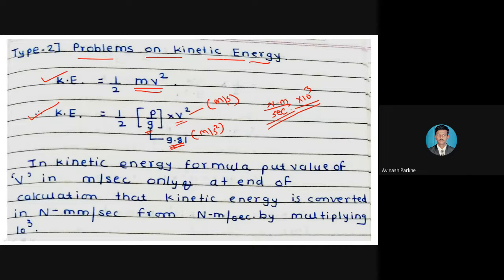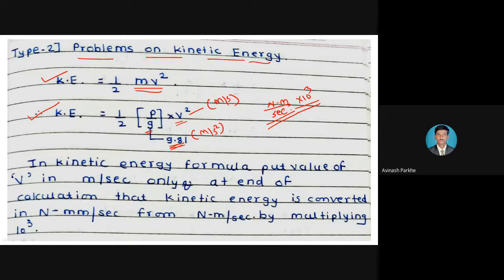Okay. So we are discussing the problems of kinetic energy, how to identify that particular problem. If in the statement the velocity or speed is given in meter per second, then we can say that the numerical is based on kinetic energy calculation.